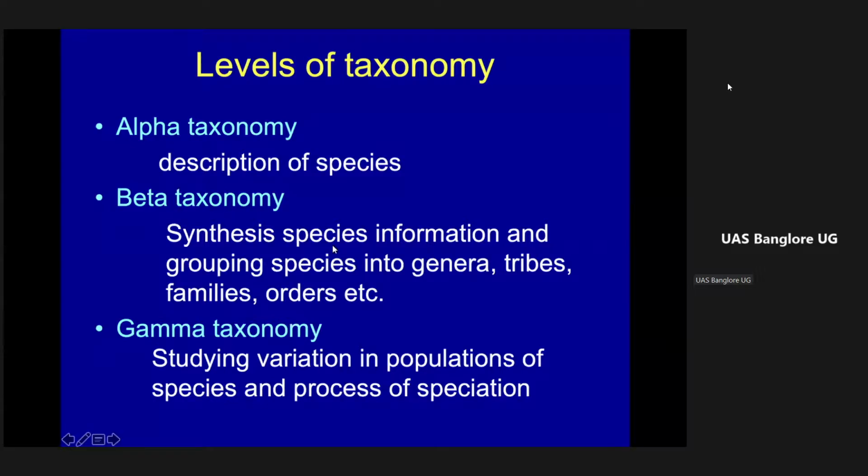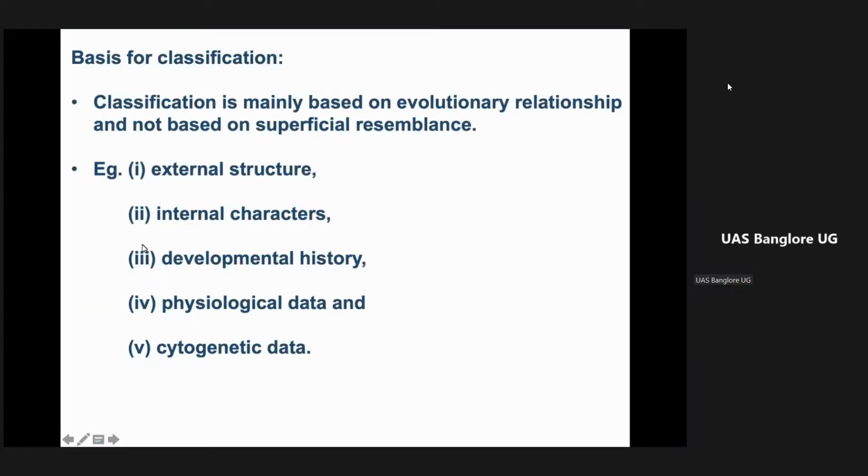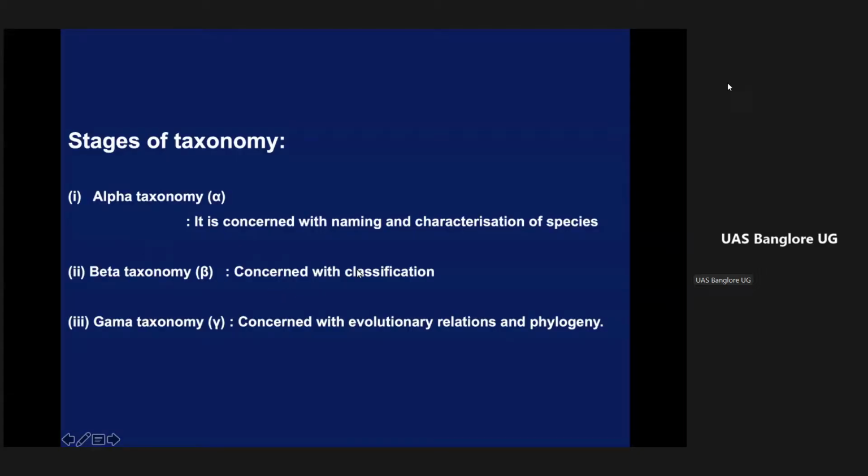So he is looking at further information, that is the higher classification. Beta taxonomy is concerned with the higher classification above the species level. Alpha taxonomy is at the species level, whereas in beta taxonomy you are looking at information above the species level: which genus, which tribe, which family, which order it belongs to. It is higher level taxonomy.